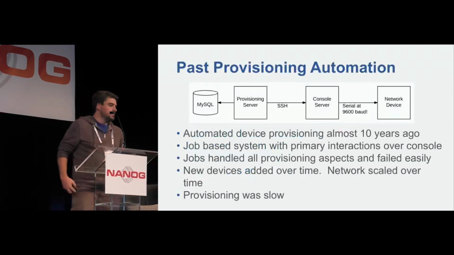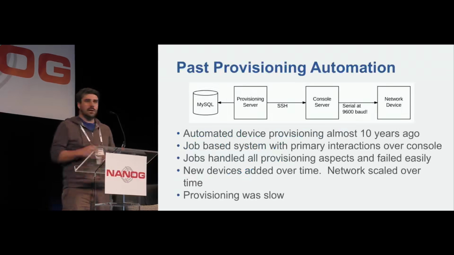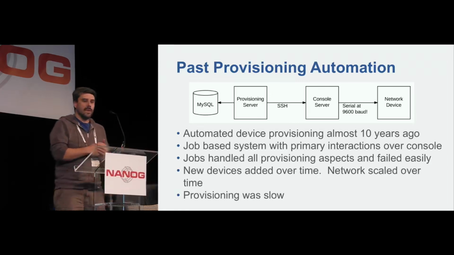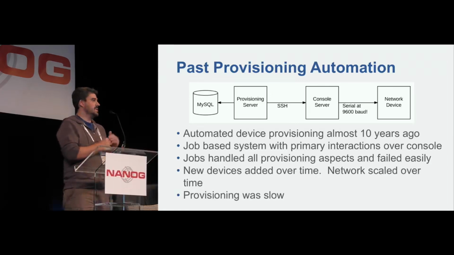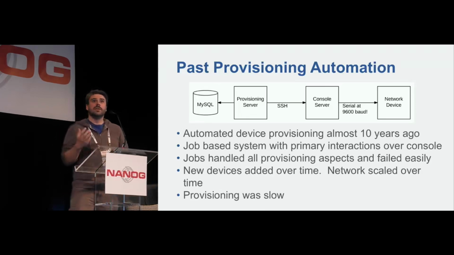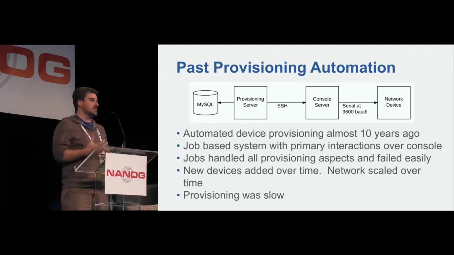So in the past, I actually looked at the Git history for the service that we've used, and it was actually committed to 10 years ago. If you can imagine where automation and networks was 10 years ago, there wasn't zero-touch provisioning, there wasn't any of these newer technologies. So how do you automate that? Well, you do exactly what a human does. You get out your laptop, you plug into the console port.